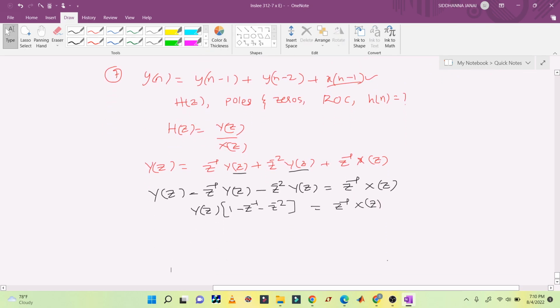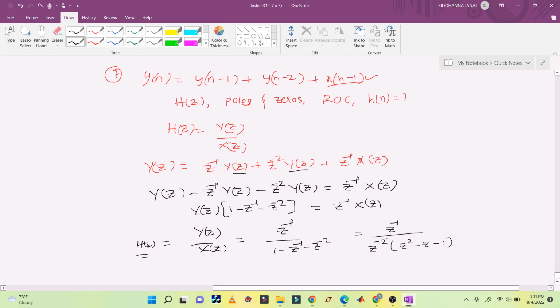Now y of z divided by x of z is equal to z inverse divided by 1 minus z inverse minus z inverse whole square. This is our system response h of z. If I take z to the power minus 2 as common, what will happen? z square minus z minus 1.